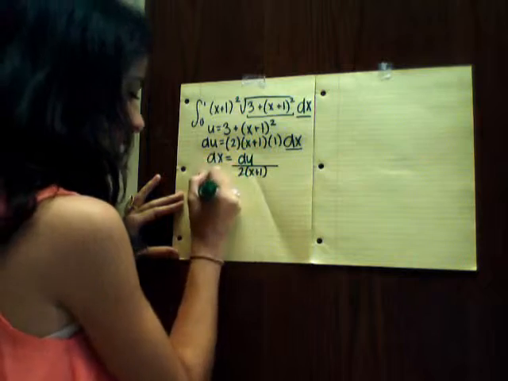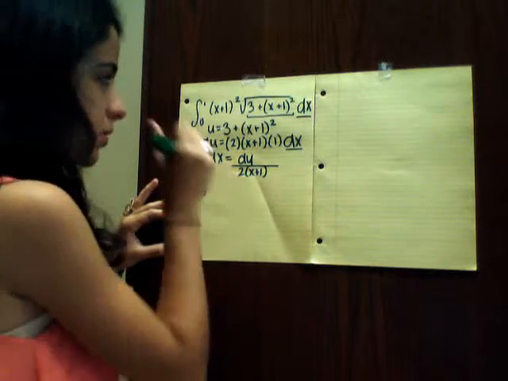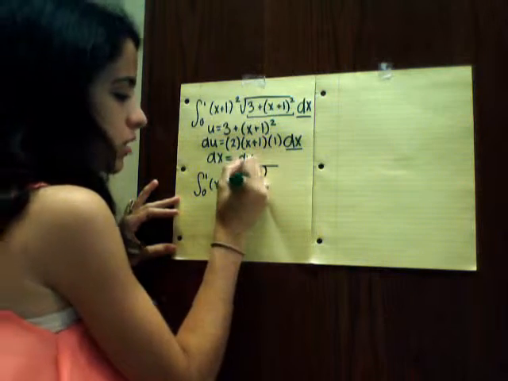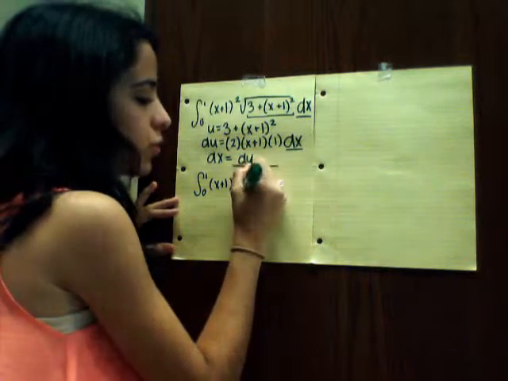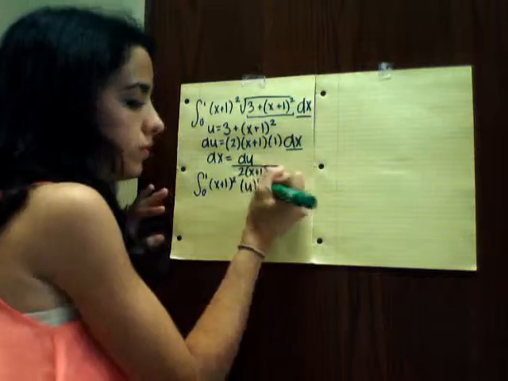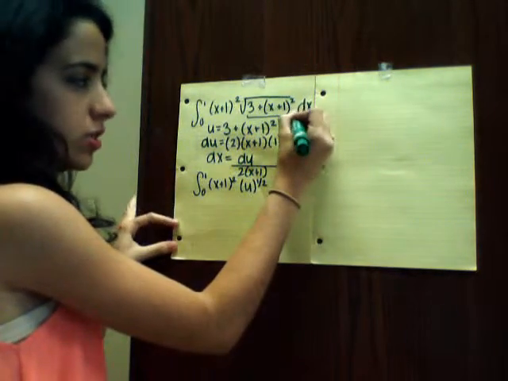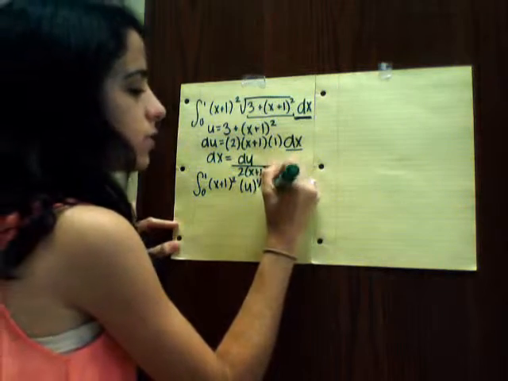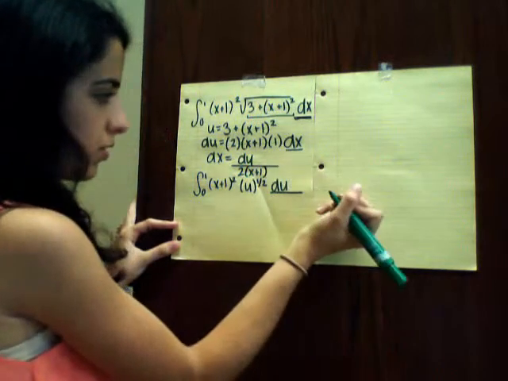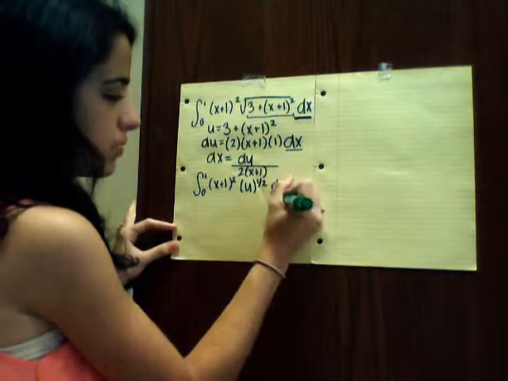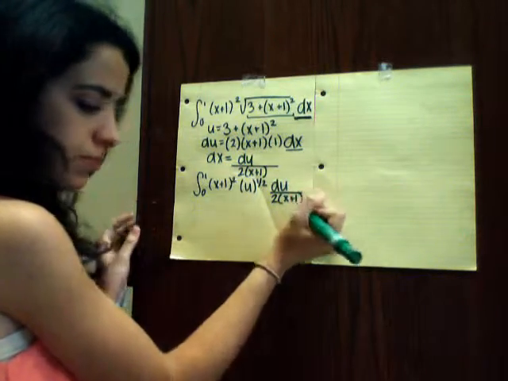So we have, as x goes from 0 to 1, (x plus 1) squared times the square root of u. And we're going to substitute dx also, which is going to leave us with du over 2 times (x plus 1).